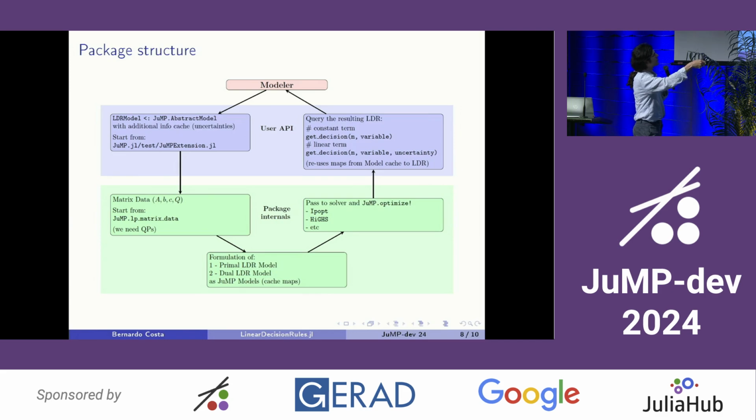And then if you're the user, you can query the resulting linear decision rule back in the variables that you created, because the model that is going to be formulated here will have different variables, and you'll have a map from the variables that you declared in the LDR model to the variables that correspond to the solution of the true optimization problem that you solved down here. So there's this small interface back so that you can complete the loop and get your solution in terms of what your actual variables were.